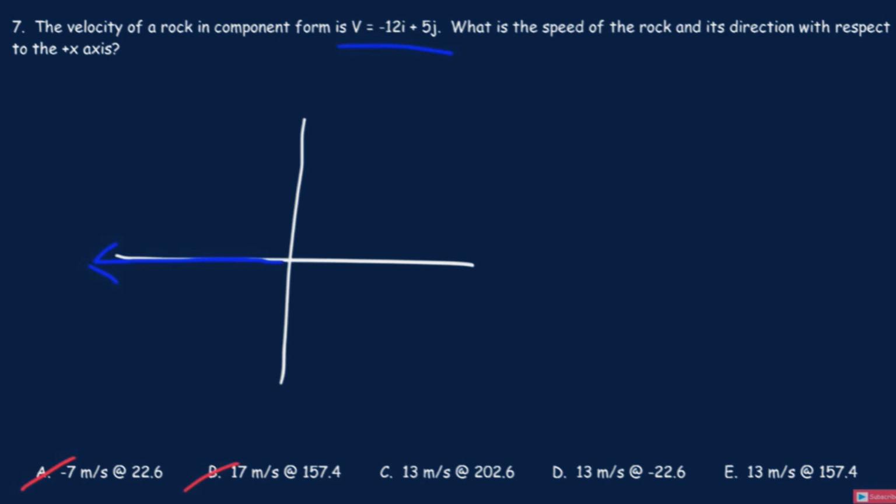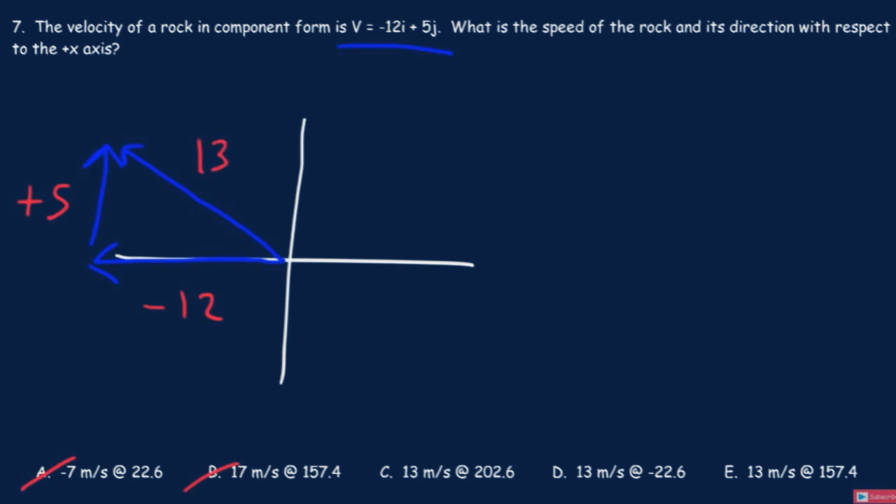The y component is positive 5, so we go up 5 units, and the hypotenuse of the right triangle that is formed is 13, which is the magnitude of the velocity.